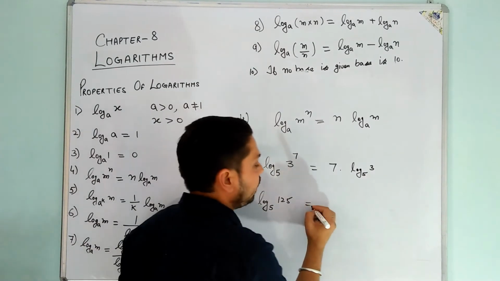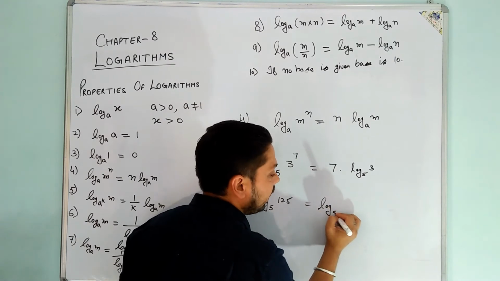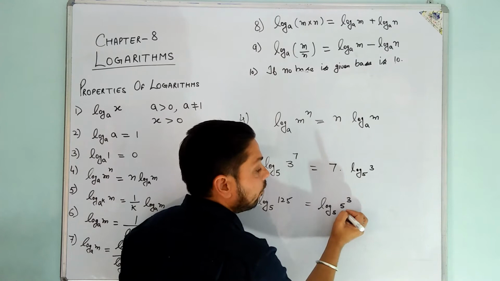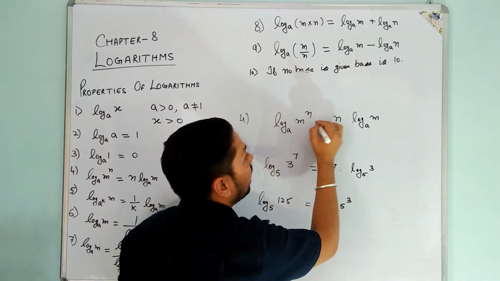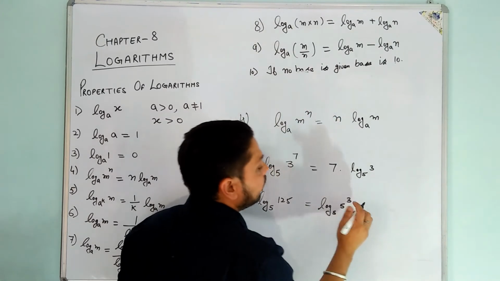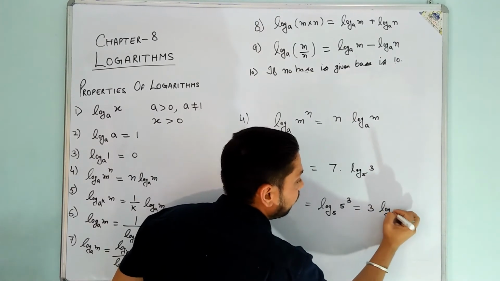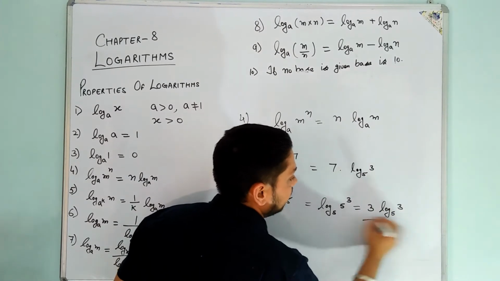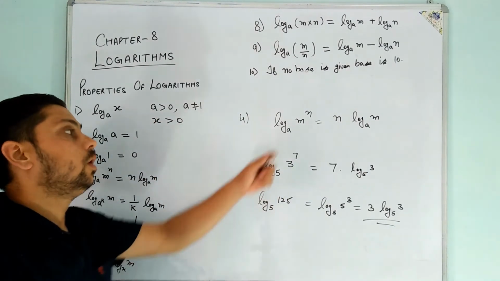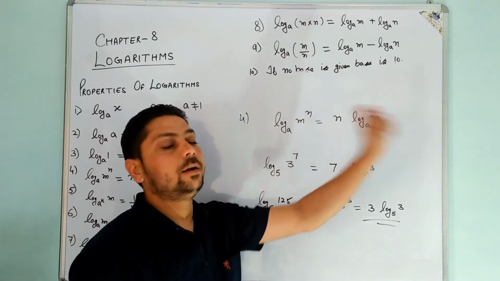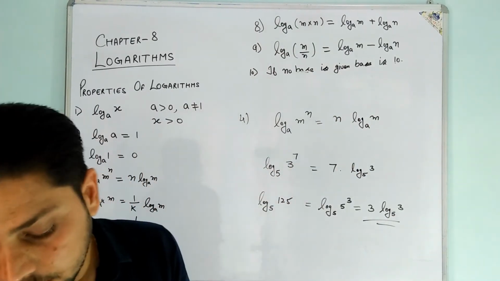Now 125 can be written as log of 5 raised to power 3 with base 5. Now we have a power of a number here, then it can be written as 3 log of 5 with base 5. This is the answer. So whenever there is a power, it will come in front and it will get multiplied with your log.